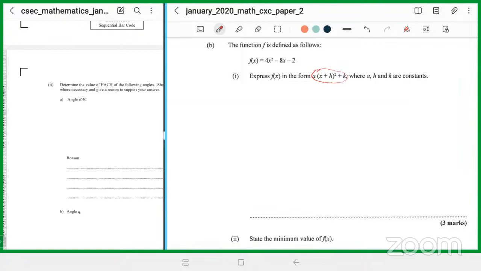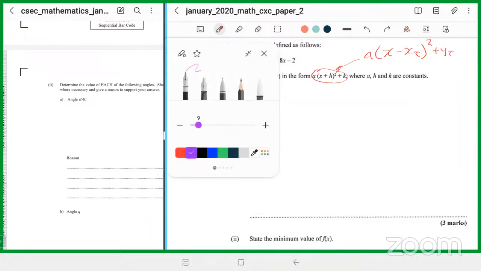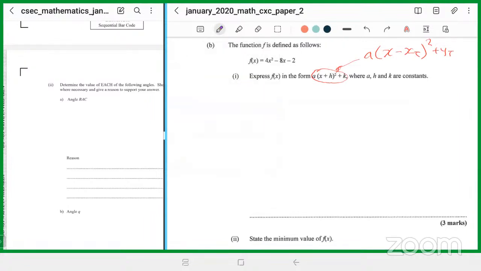Instead of using that again, we're gonna use a(x - xt)² + yt. It's the same thing, just that we know what xt means and what yt means, right? So if we're going to use that, we just need to calculate xt and yt. Let's write it out from this standard form.